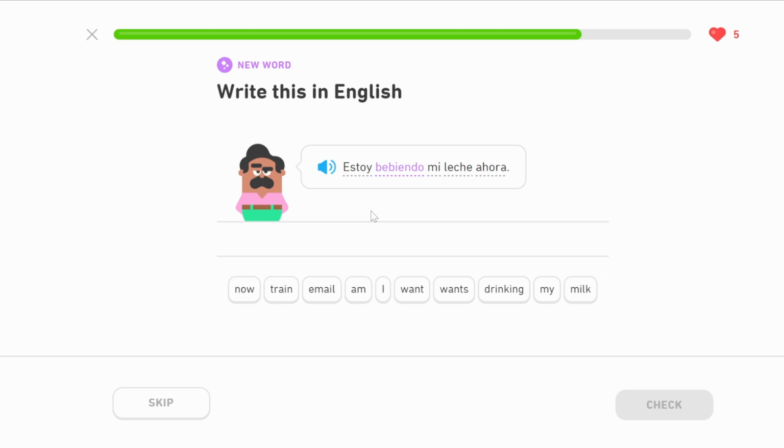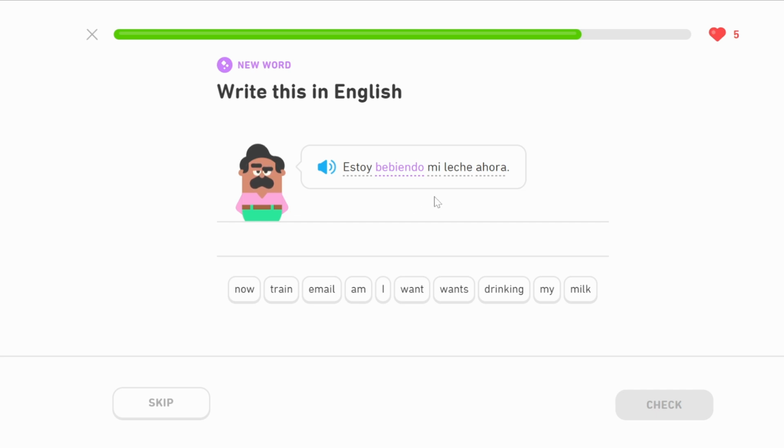Estoy bebiendo mi leche ahora. There we go. I can't do it in such a good accent, but estoy is when I talked before about estar and ser, we're using estar again, which is to be. In this case, it's conjugated in the first person, estoy, which is I am. So you are doing I am something. We've got another word that ends in endo here, and we know that it's going to be either an IR or an ER ending verb because it's ending in endo.